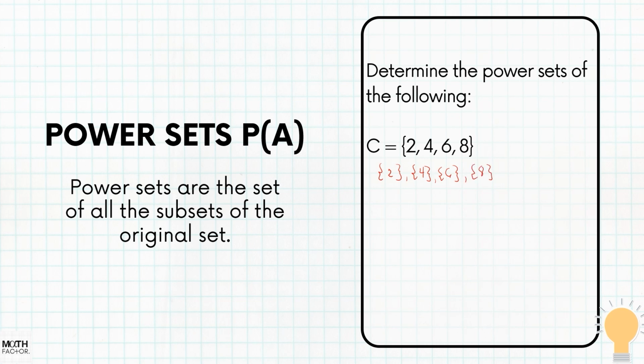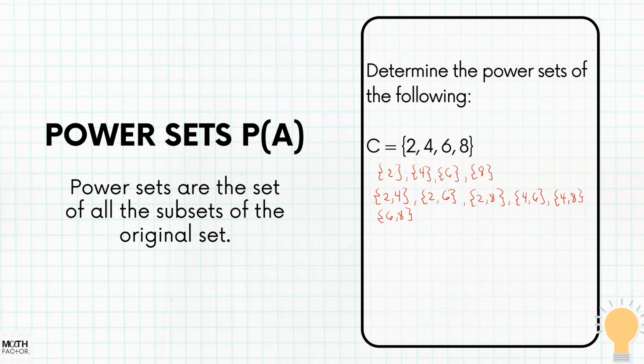For subsets with two elements, we have {2, 4}, {2, 6}, {2, 8}, {4, 6}, {4, 8}, and {6, 8}.